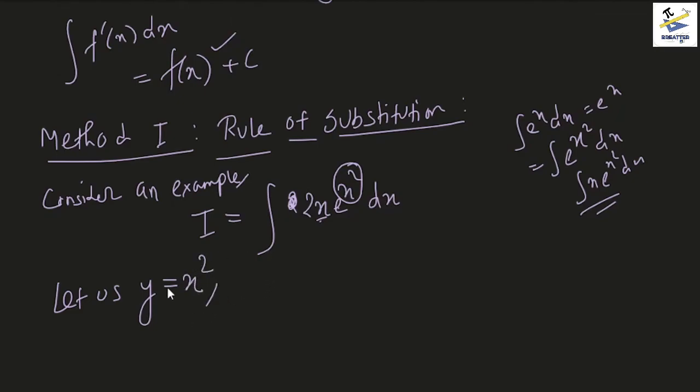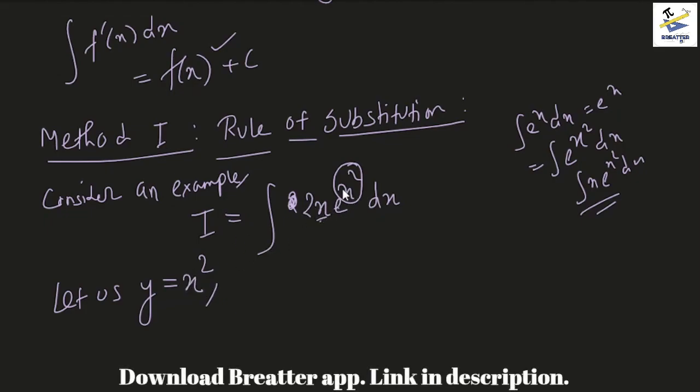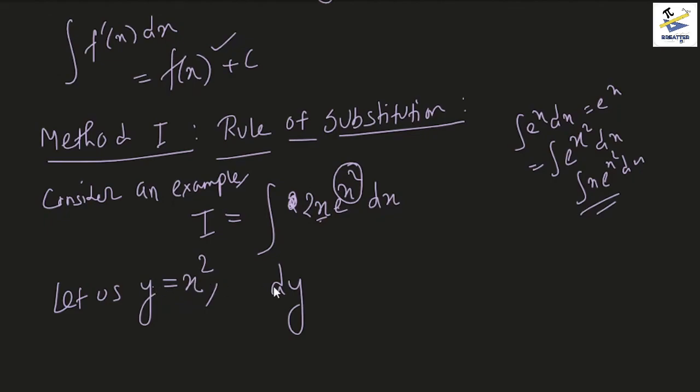Now only y equals x squared would not give you an answer, because you cannot just substitute it as y. That is why we differentiate both sides to find dy by dx. So differentiate y in terms of x to find 2x, then take this dx to the other side to find dy equals 2x dx, right?